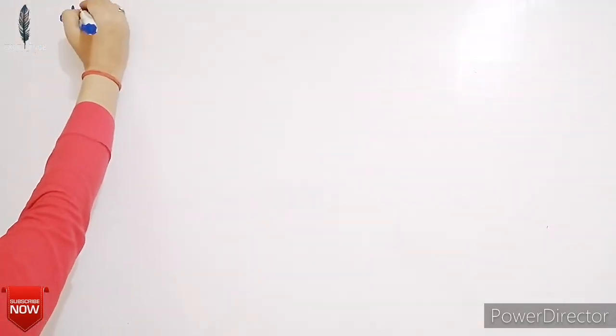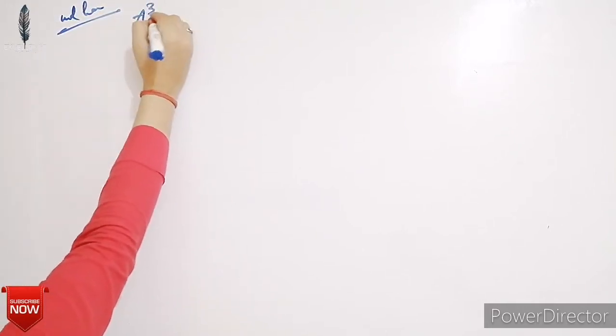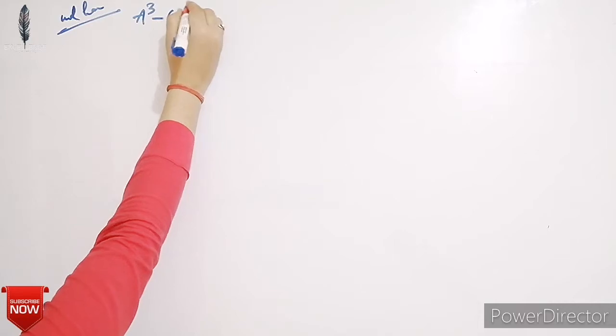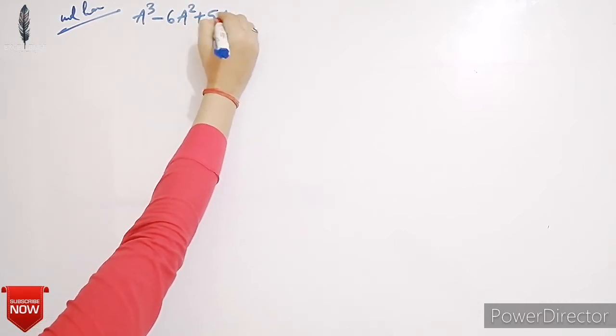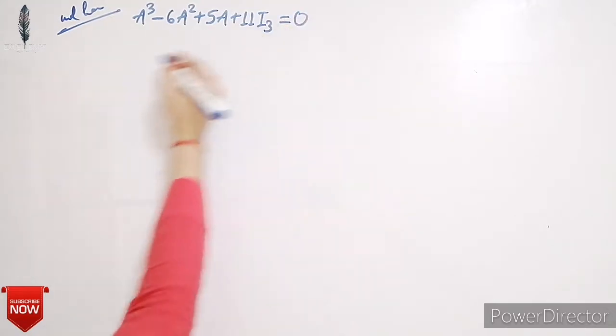Now to find A inverse, first we have A cube minus 6A square plus 5A plus 11I3 equals 0.